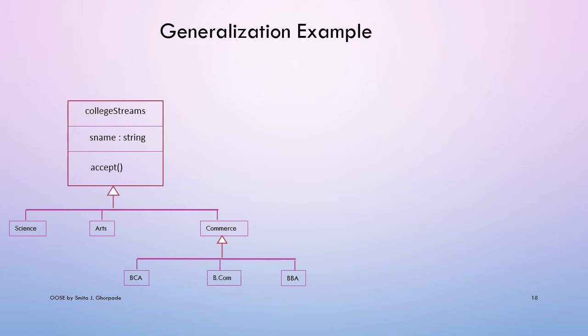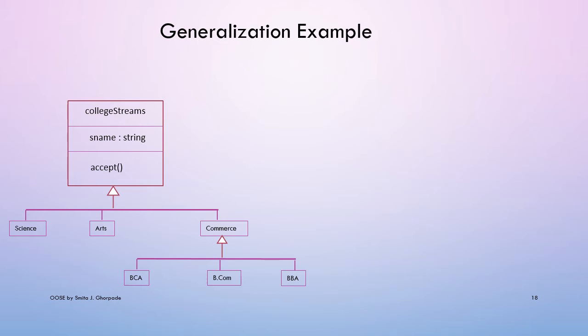Then again the commerce class is divided into further classes that are BCA, BCom and BBA. So here at the top the superclass is college streams, and at the bottom level various classes are shown, joined through a generalization symbol, that is an empty triangular symbol.